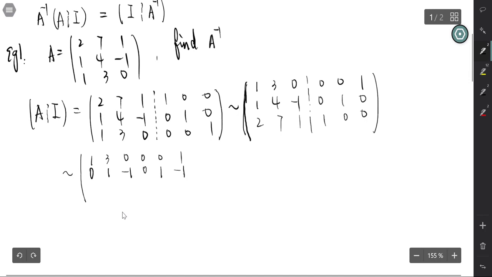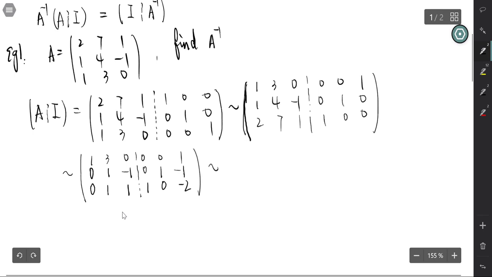And the first row multiplied by negative 2 and then added to the third row. So this is 1, because 3 times 2, negative 2. This does not change. That's negative 2.